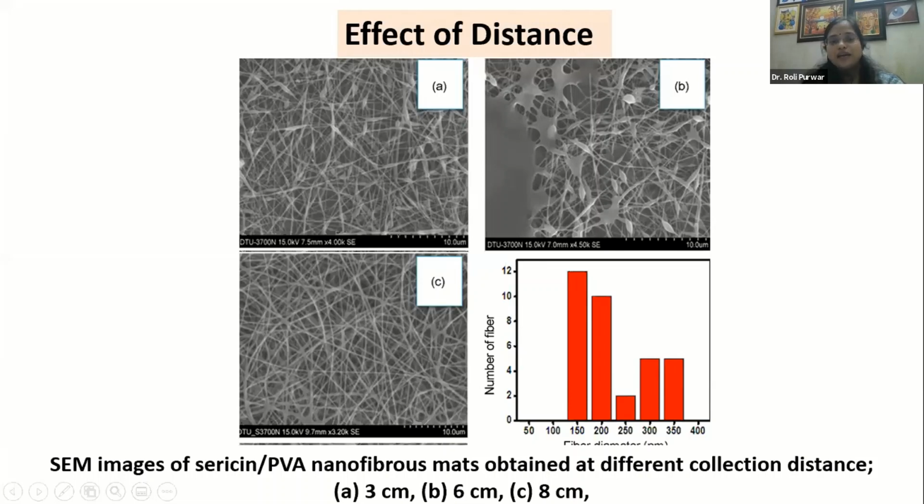But when we kept the distance a little higher, we got a bead-free fibrous structure. This is because when the polymer solution comes out from the syringe tip and reaches the ground, it requires sufficient distance and time to evaporate the solvent. So we have to keep the distance in such a way that the solvent evaporates in the total flight time.